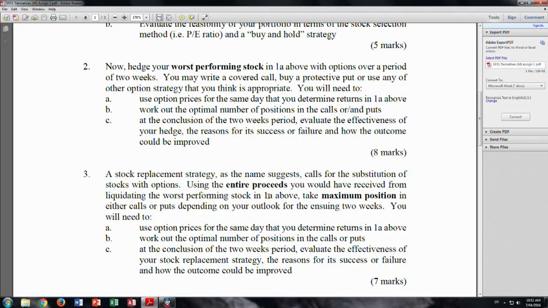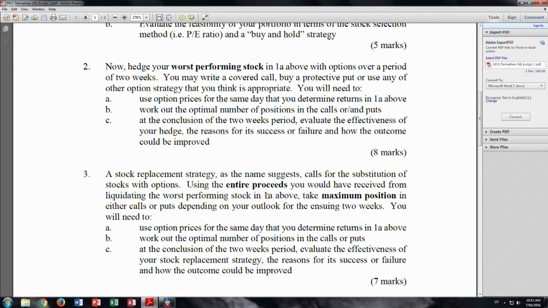Once you know the strategy, then you can work out the calculation: how many calls, how many puts, what is the value of your worst performing stock, how many positions in calls or puts you need. Remember you're not doing delta hedging, so you're not using a hedge ratio. So your calls and puts are based on your contract multiplier, because it's a partial hedging of risk.